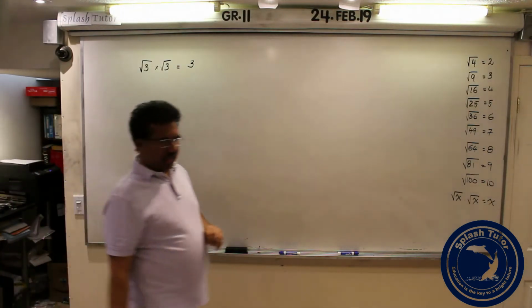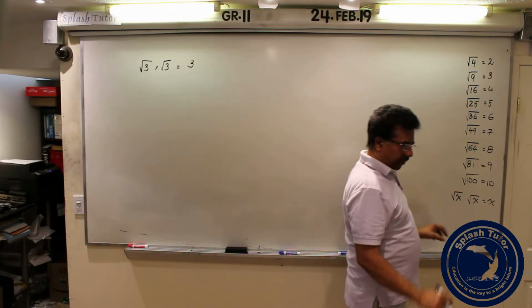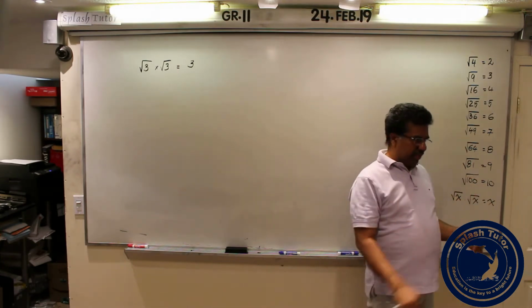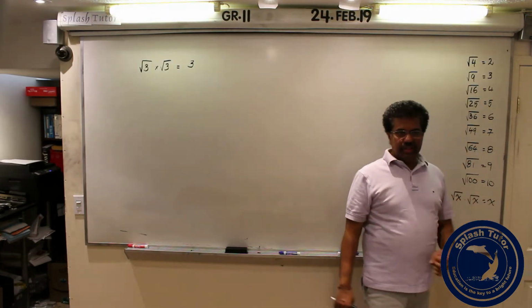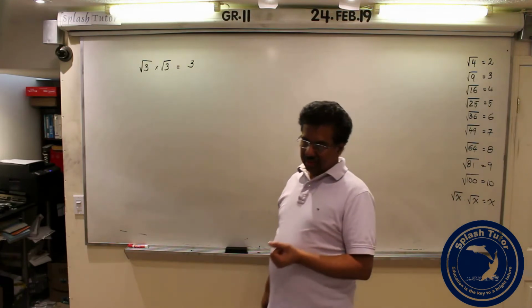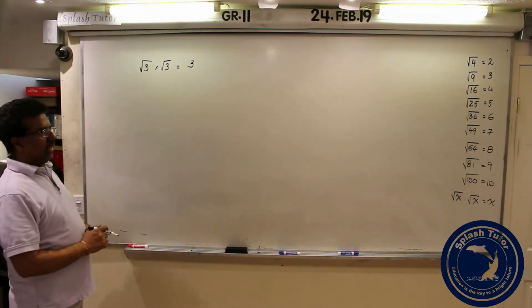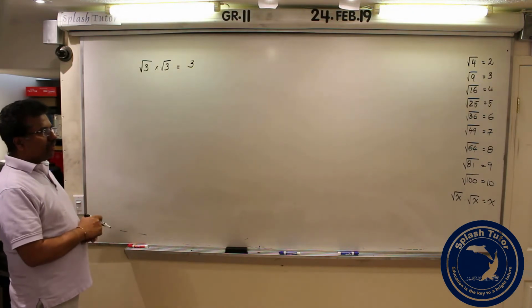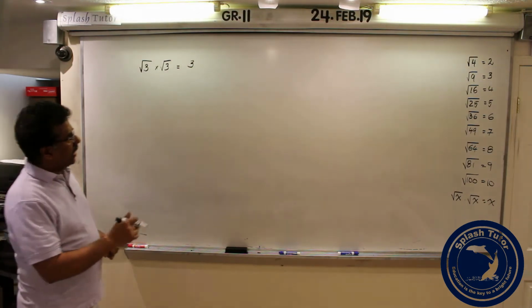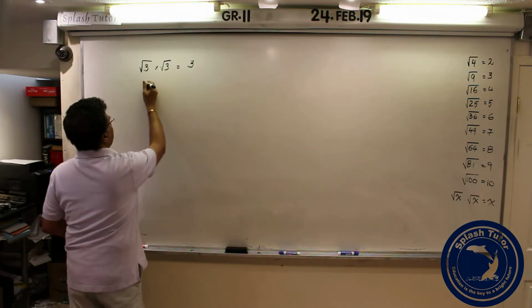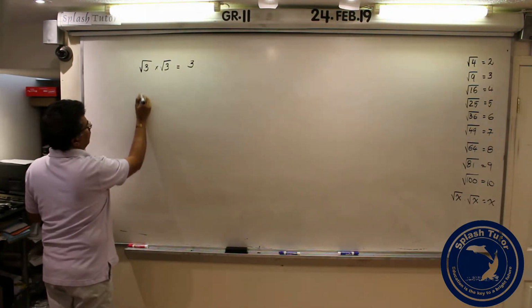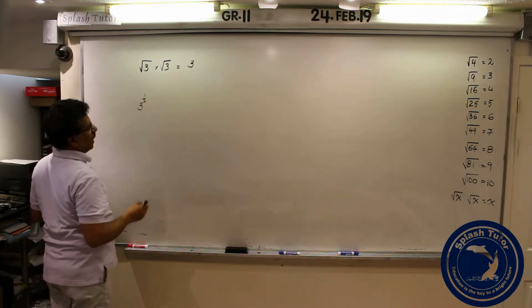So that means root x times root x, right? If you see two same roots next to each other, the root will cancel out, right? And we will understand later on why that is cancelling out, right? The reason why it's cancelling out is, I told you that this root 3 means 3 to the power half, right?